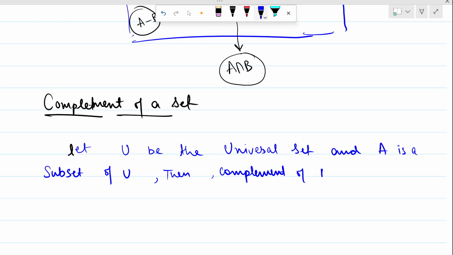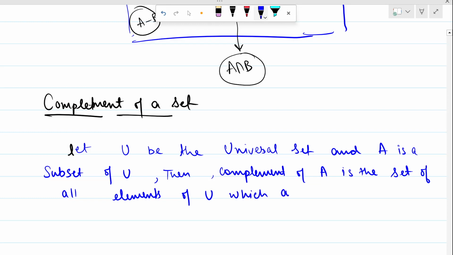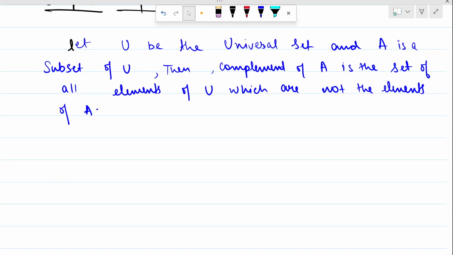The complement of A is the set of all elements of U which are not the elements of A. This is denoted by A dash.